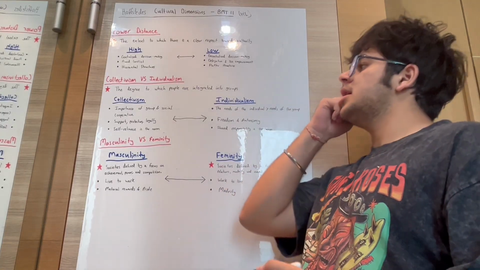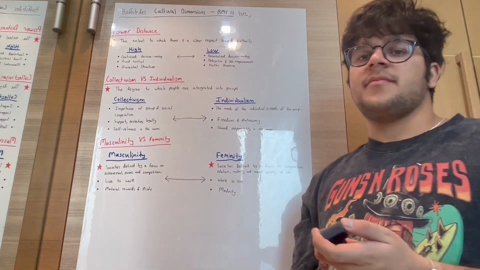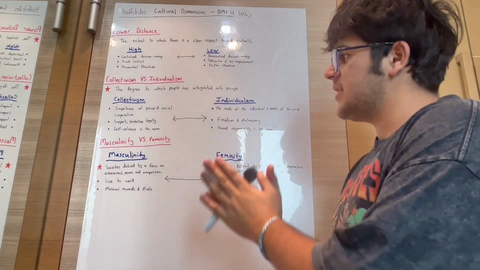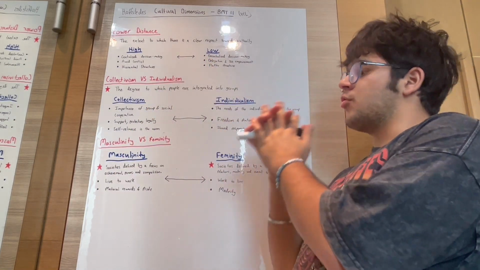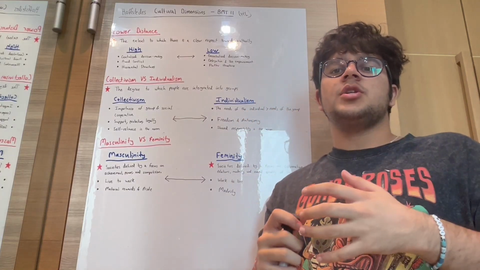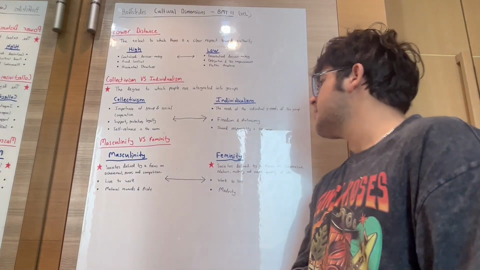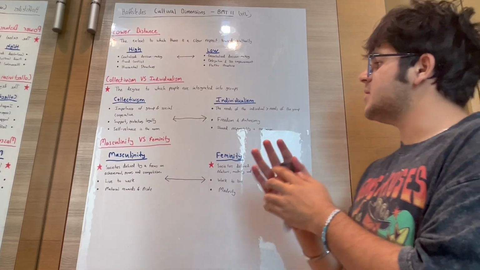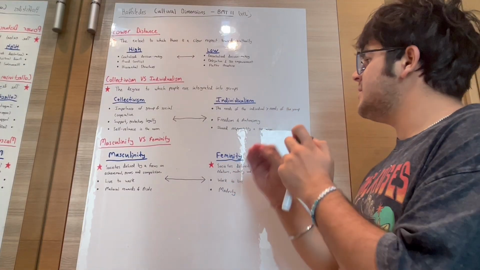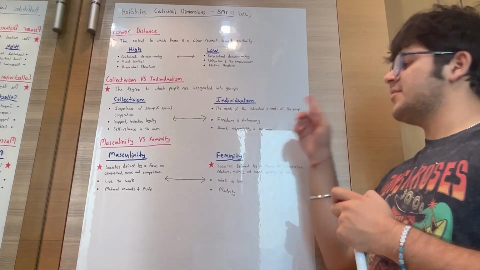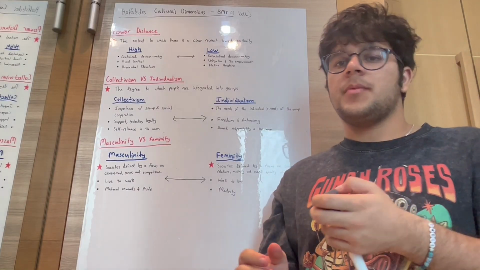So let's talk about collectivism. Collectivism is essentially the importance of the group and social cooperation over the needs of the individuals within the group. However, individualism is the idea that the needs of the individuals are greater than the needs of the group as a whole, okay?